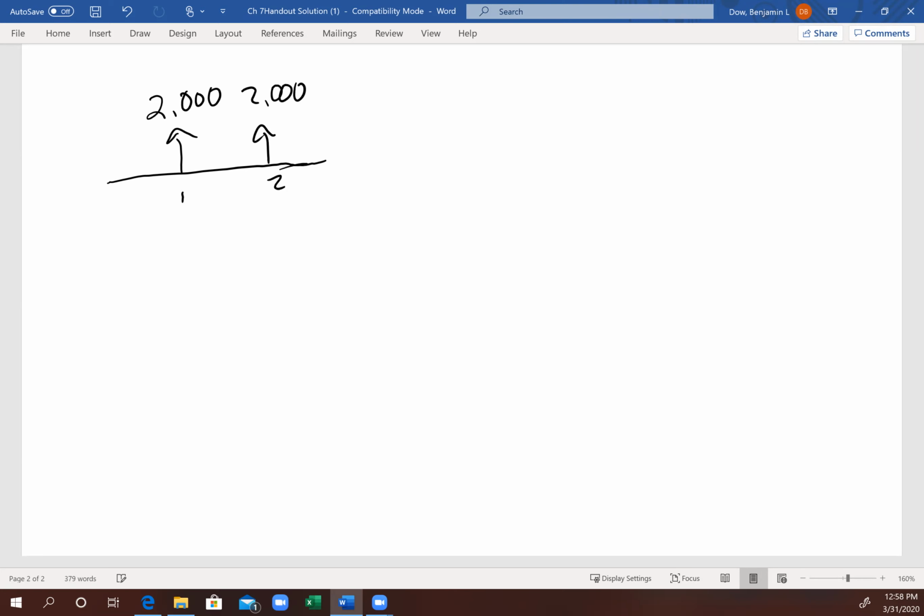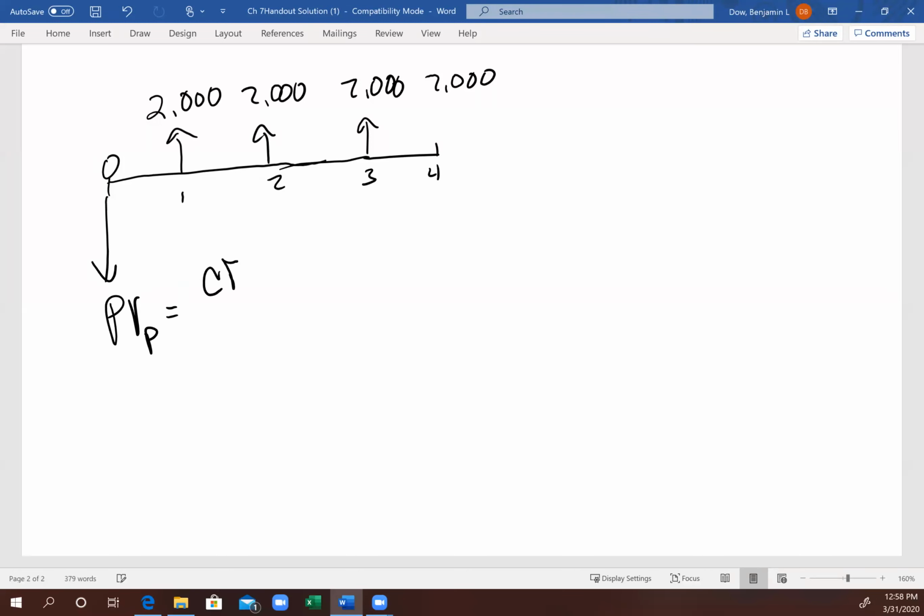We said, is there a way that we can find the present value of $2,000 a year forever? And I didn't go through the math to prove it to you. I just said, hey, the present value of a perpetuity is just equal to the first cash flow divided by an interest rate.